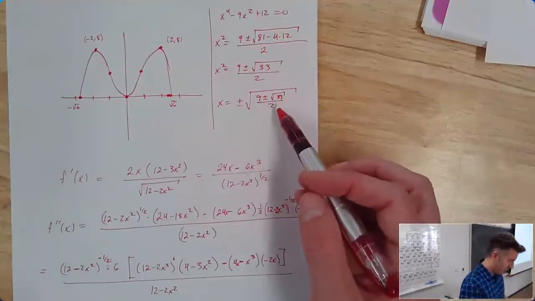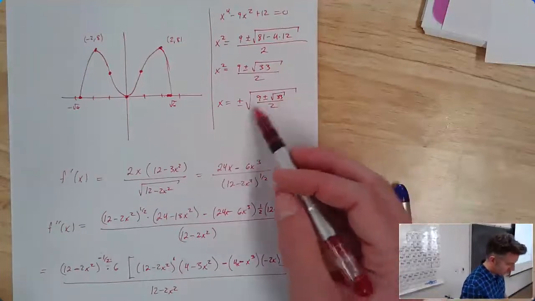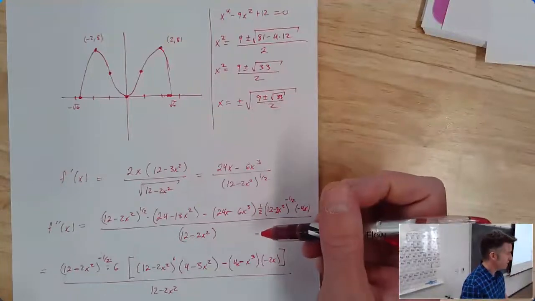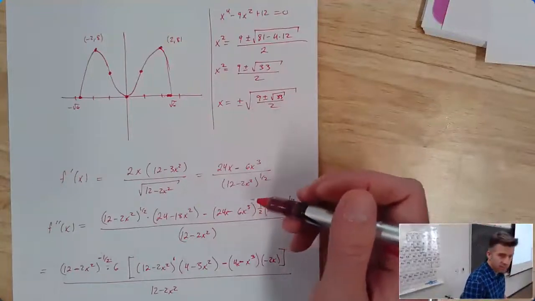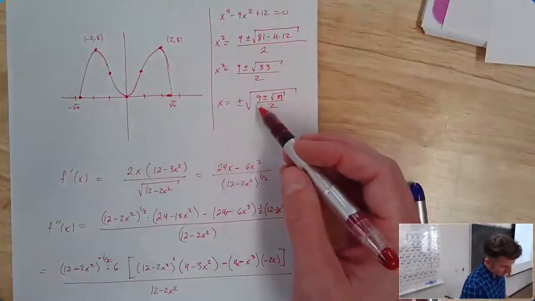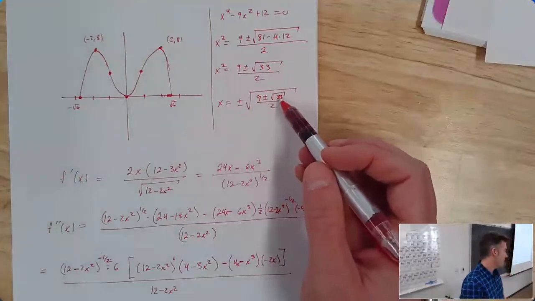Some of those numbers are probably too big. So yeah. 9 plus the square root of 33 is like 9 plus 6, which is like 15-ish.